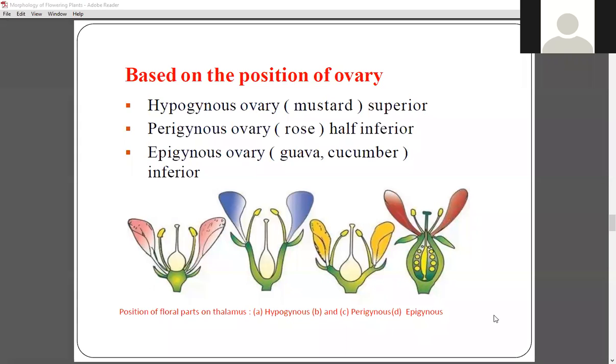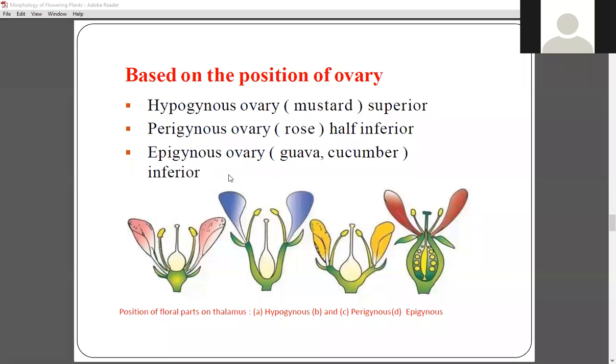In the last figure, figure D, you can see the epigynous ovary, where the whole ovary is present inside the thalamus region. When the ovary is fully present inside the thalamus region, that type of ovary shows the inferior position, right?